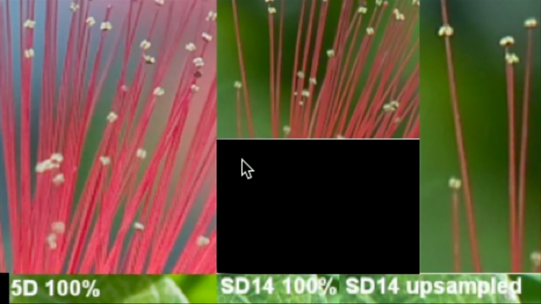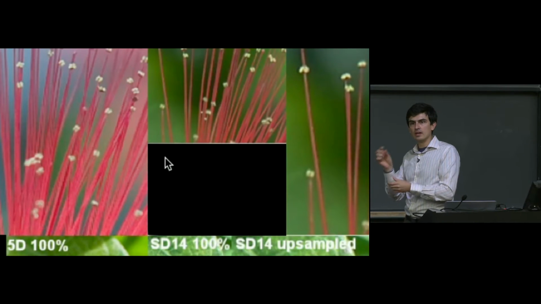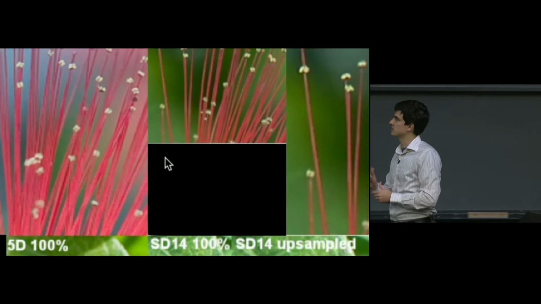Imagine for just a moment that we have this same pattern, this angled, colored pattern that's falling on our sensor, and we're trying to reconstitute, using this demosaicing algorithm, the color information at every single pixel.